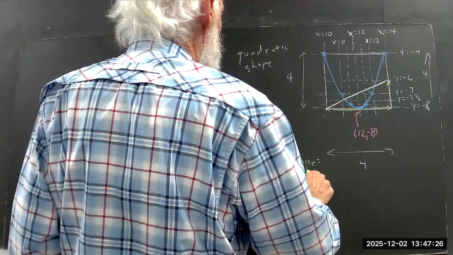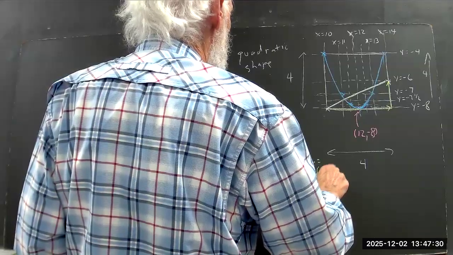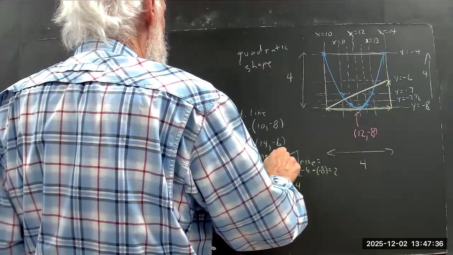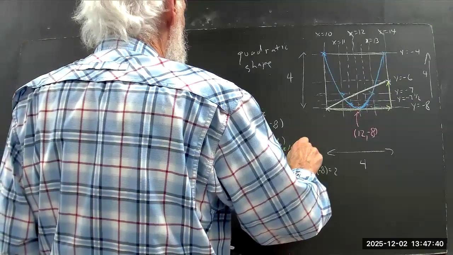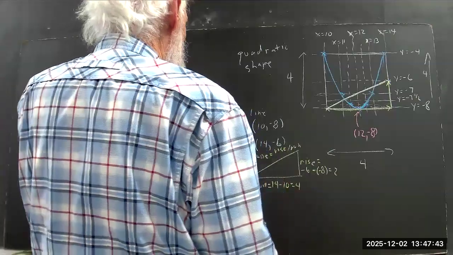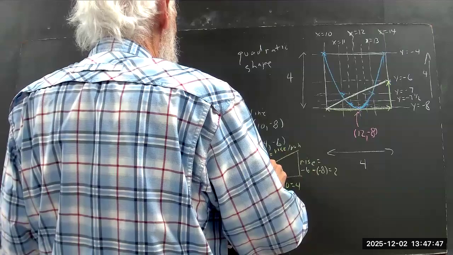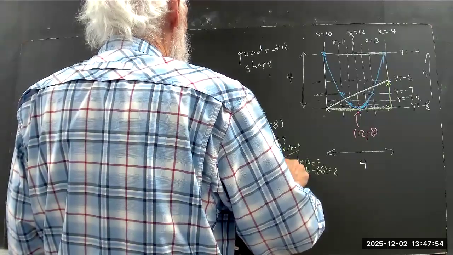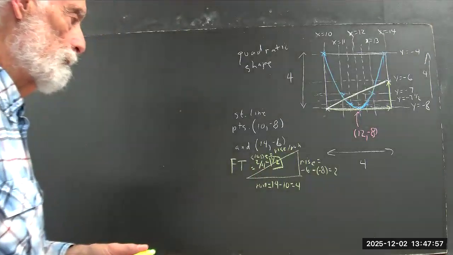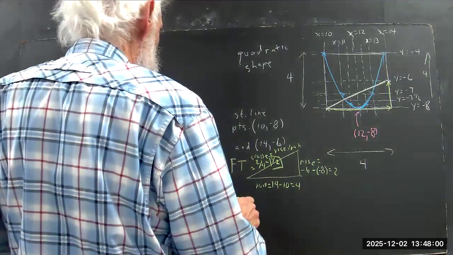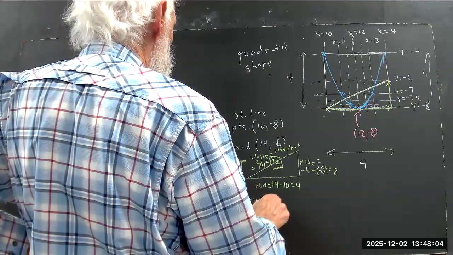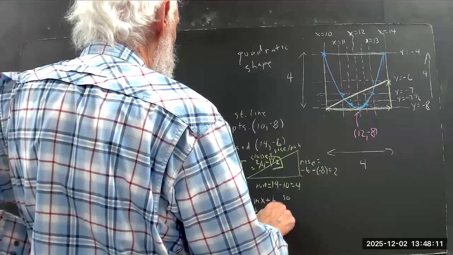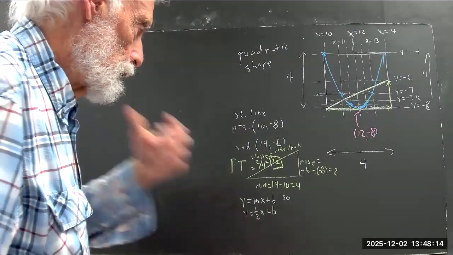Rise equals -6 minus -8, which is 2. Slope is rise over run, which equals 2 over 4, which is 1/2. y equals mx plus b, so y is 1/2 x plus b.